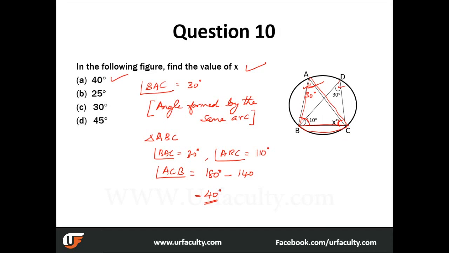If it is from the same arc, the angles are equal. Then we use the property of triangles: the sum of the angles of a triangle is 180 degrees. So 180 minus 140 is equal to 40 degrees.